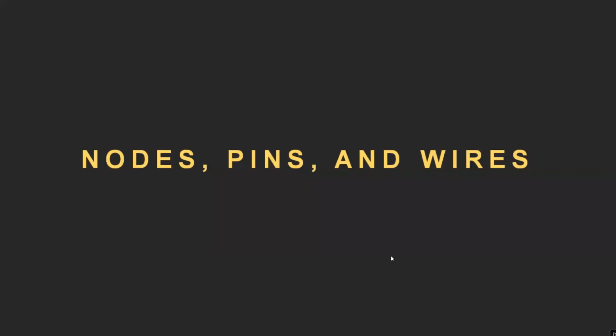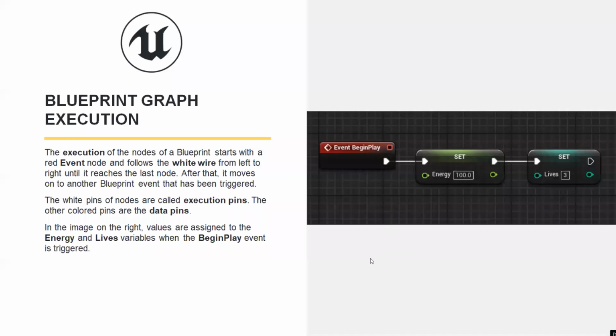Okay. All right, so nodes, pins, and wires. So the white lines are your execution wires. It's basically your steps in your code. So think of the event begin play right here, or any event node or function node, or consider this your entry node where you come into the event or the function or the macro or something like that. And then whatever this white line is connected to is your step. So think of this as step 1, moving over to this node.